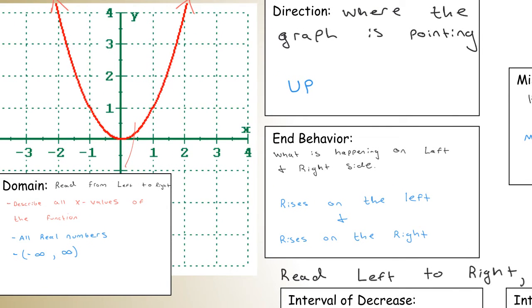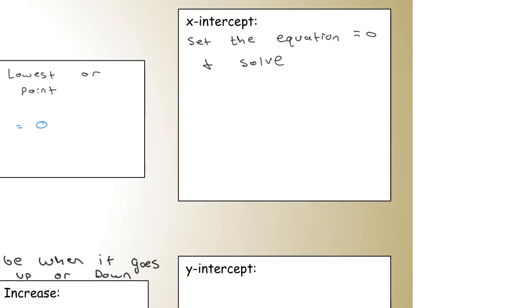We can see that it touches the x-axis right here at the point 0, 0. Sometimes I'm not going to be able to see that clearly on the graph, so I'm going to have to solve for it. But this one will be 0, 0. And something to remember here is that we could have 0, 1, or there could be two different x-intercepts.